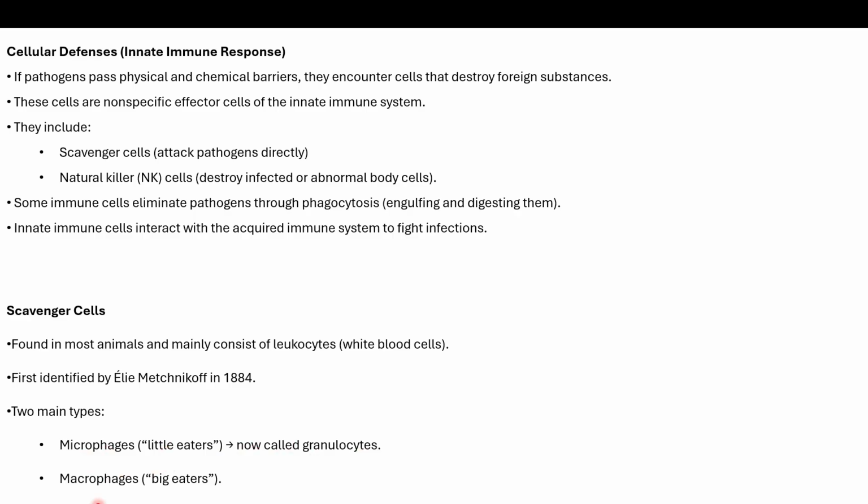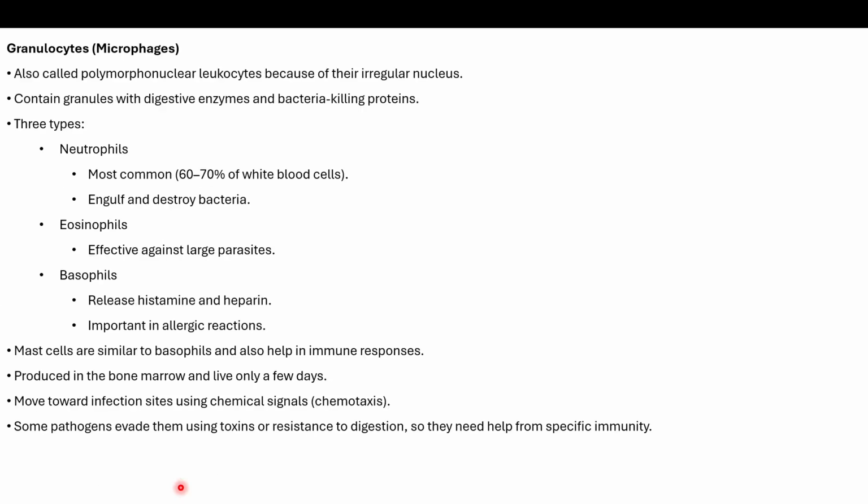And there are macrophages, which are really big in size. Micro and macro, as the name suggests, mean little and big, respectively. And phage, like phagy, in general means eating. Okay, so microphages, little eaters, macrophages, big eaters.